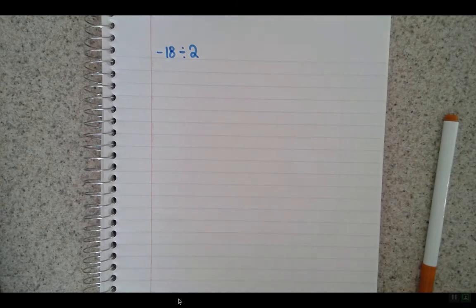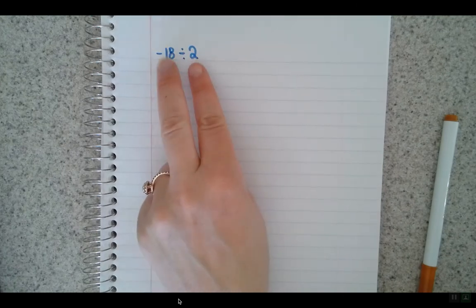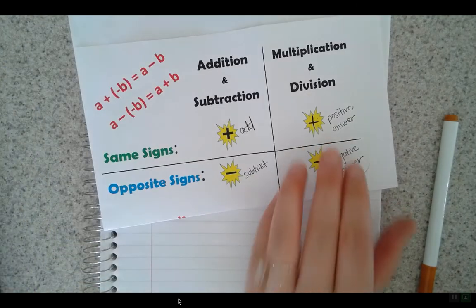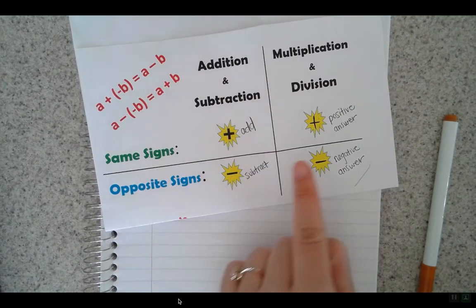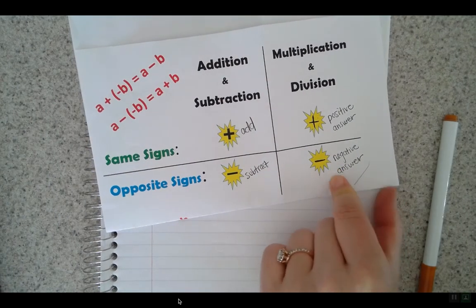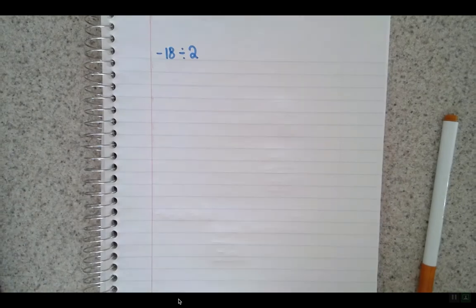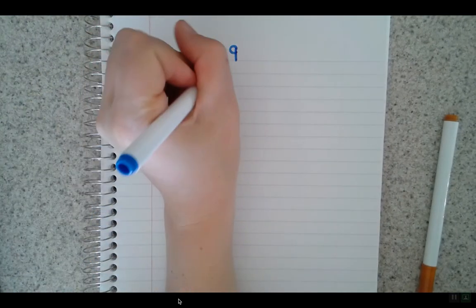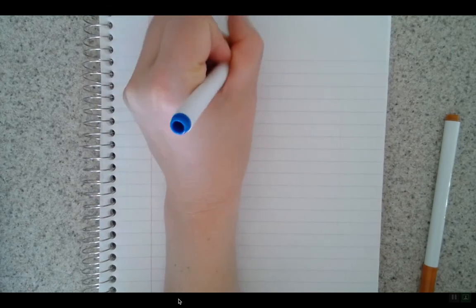Hopefully you're thinking opposite signs. The 18 is negative, but the 2 is positive. Opposite signs, negative answer. 18 divided by 2 is 9, and my answer must be negative because it's an opposite signs problem.